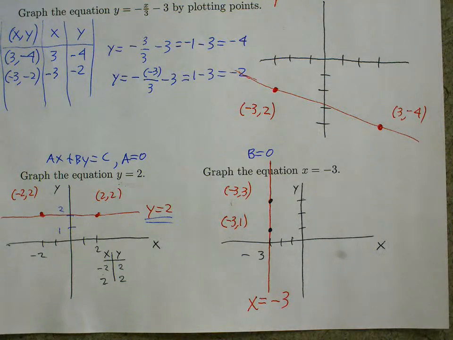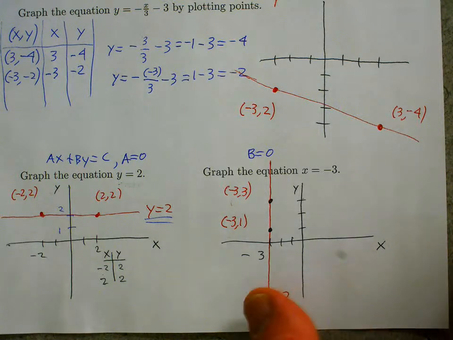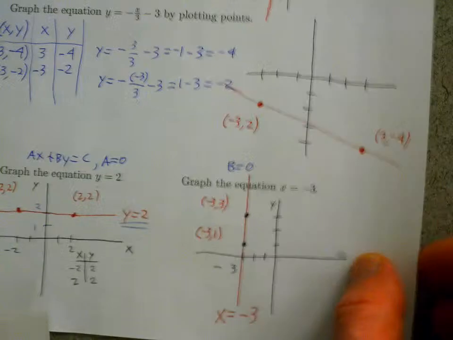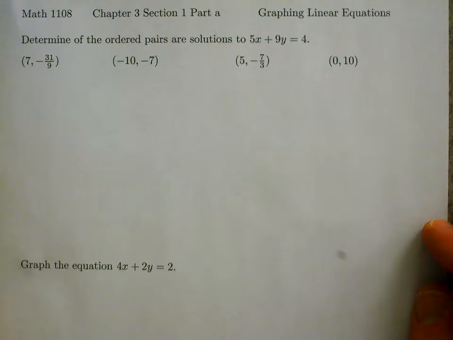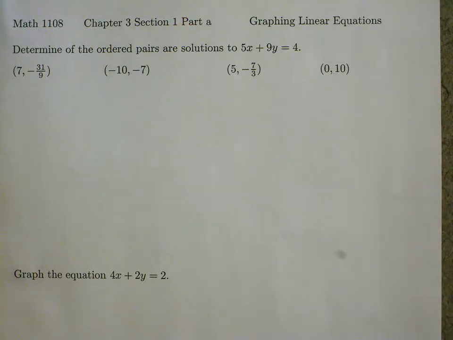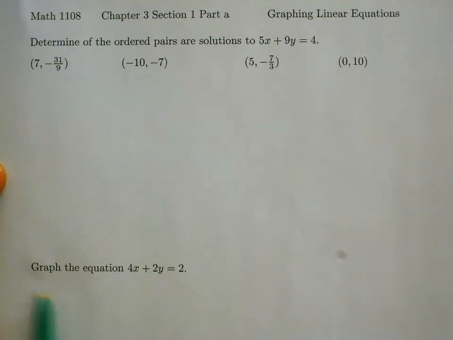Okay, so it's almost time to quit. We'll do part of the next exercise. The ones that follow, like this one down here, graph the equation 4x plus 2y equals 2.